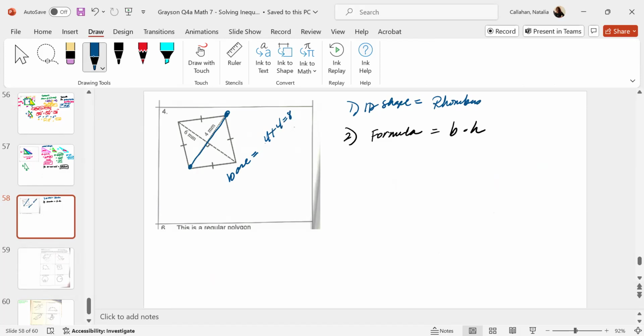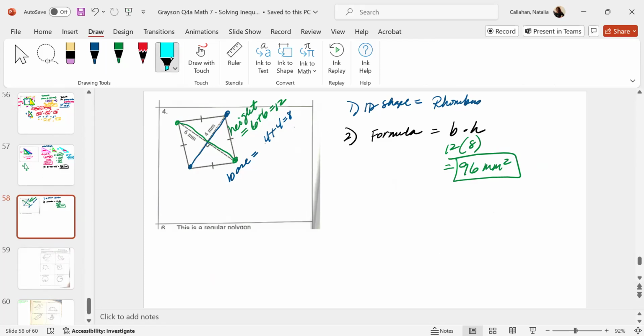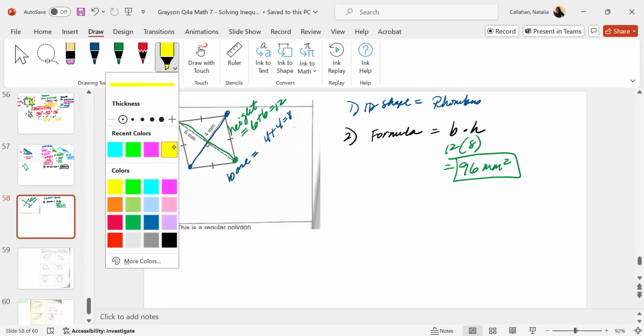You see why it's 8? Okay, your height is from here to here. What's your height? Okay, so we're gonna do 12 times 8. What is it? 96. Yeah, so here's the reason why it's 96, okay? But it looks kind of weird, right?